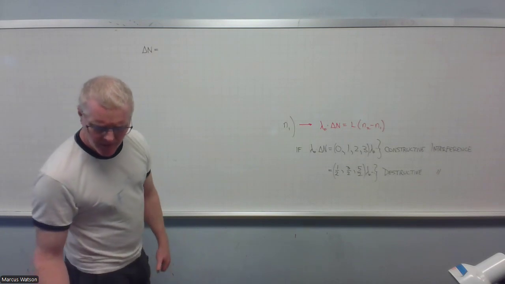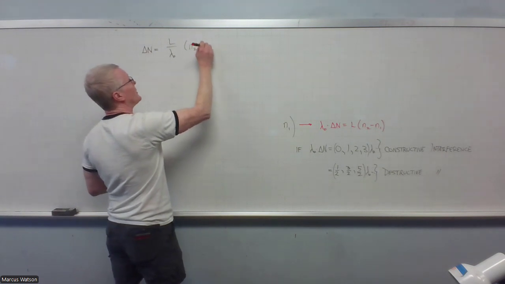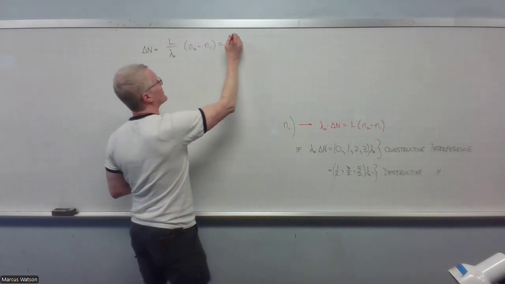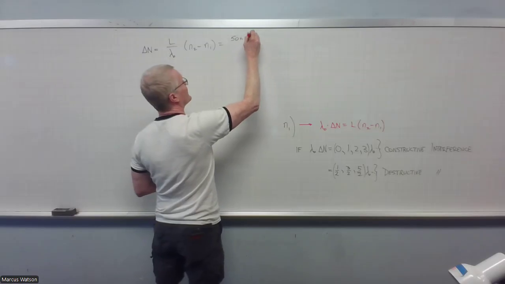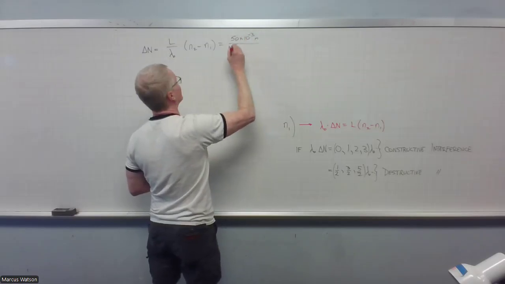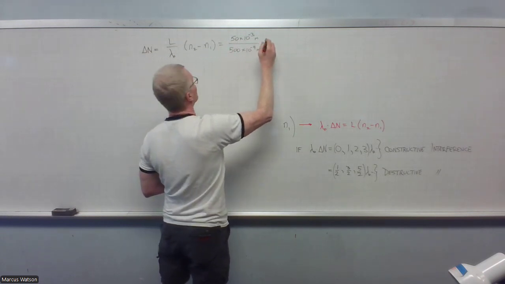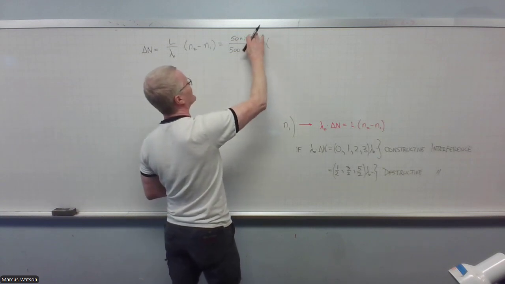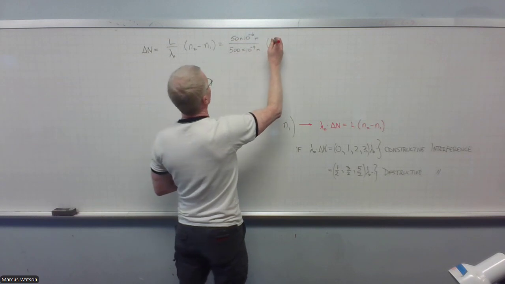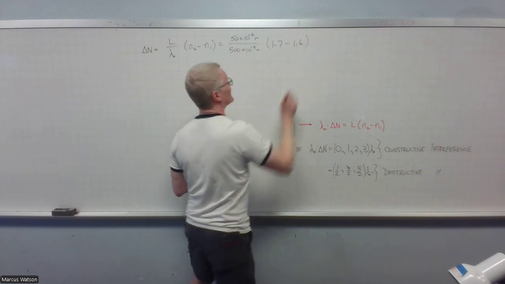If I say that I've got L divided by lambda naught times N2 minus N1, suppose that this is some number here. I just said maybe this is a block of something like 50 times 10 to the minus 3 meters, and I've got wavelength of light, which is 500 times 10 to the minus 9 meters, and I'm gonna want to make that a little bit less. Maybe make that 6. And let's say I've got a 1.7 and a 1.6.